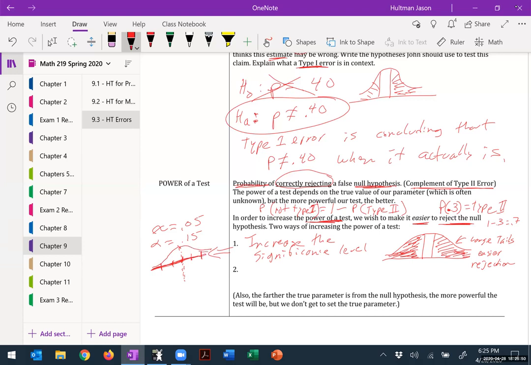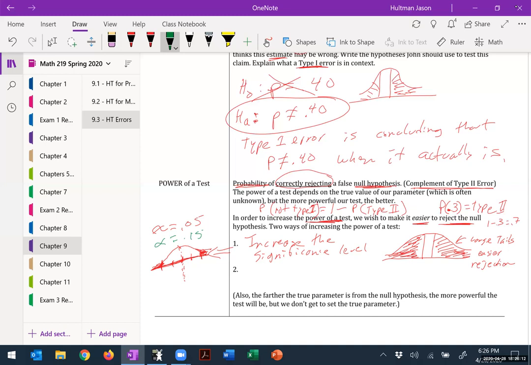Alpha being 0.05 is going to be 2 standard deviations away from the mean. Well, what is alpha of 0.15 going to look like? What's that going to do to my tails?